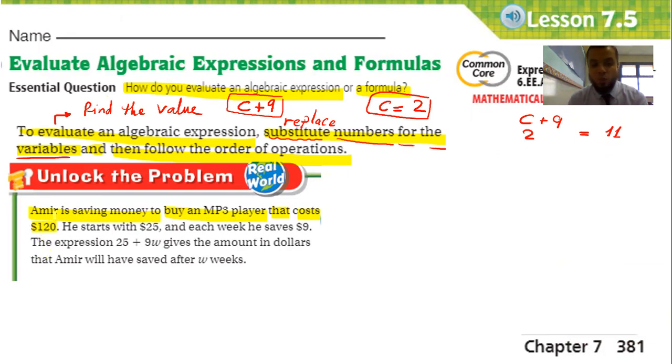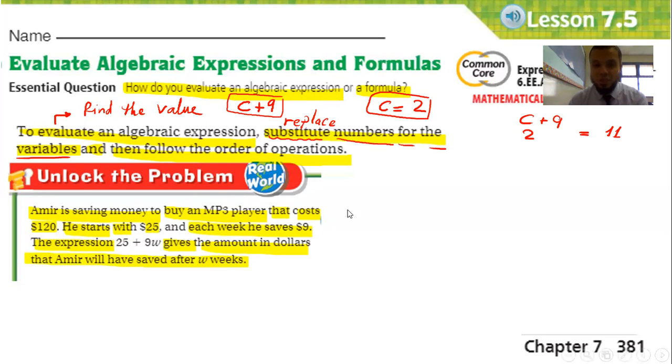So there is a boy, his name is Amir, saving money to buy an MP3 player that costs $120. He starts with $25 and each week he saves $9. The expression 25 plus 9W gives the amount in dollars that Amir will have saved after W weeks.